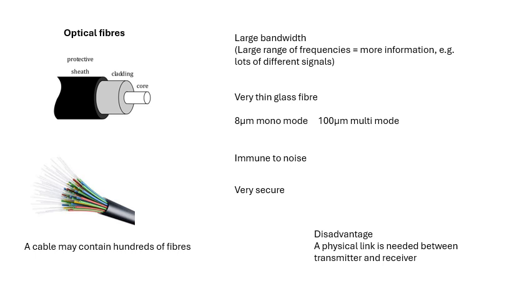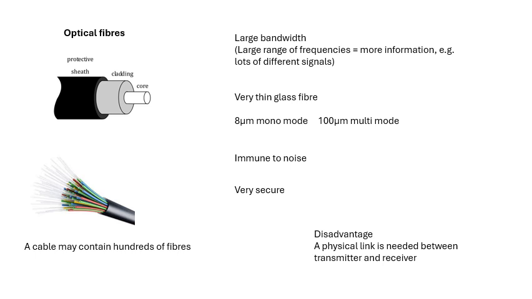There's what we call the mono mode, which is 8 micrometers, or the multi-mode, which is 100 micrometers. Think about how thin that is. 100 micrometers is a tenth of a millimeter. Very thin fibers. They are immune to noise, so any kind of electromagnetic interference doesn't affect it in the slightest. Very secure.